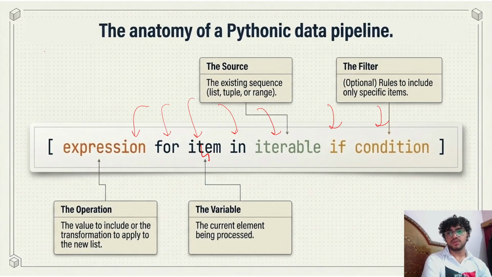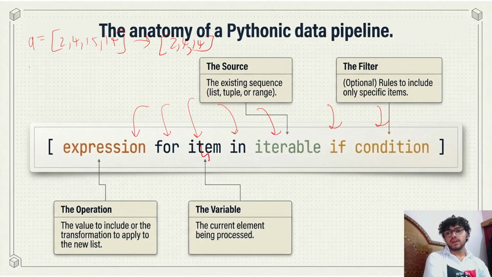Now suppose you want to get just the even numbers from a list. Let's say the list is 2, 4, 15, 14. So the even numbers are 2, 4 and 14.